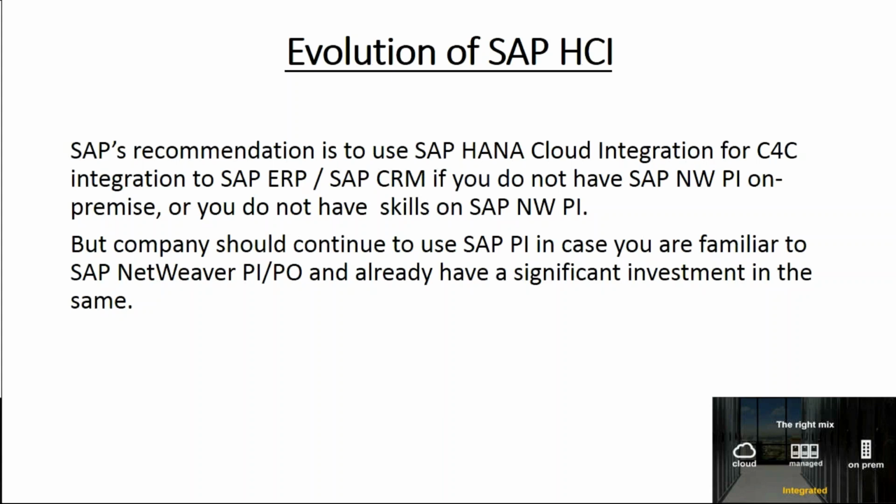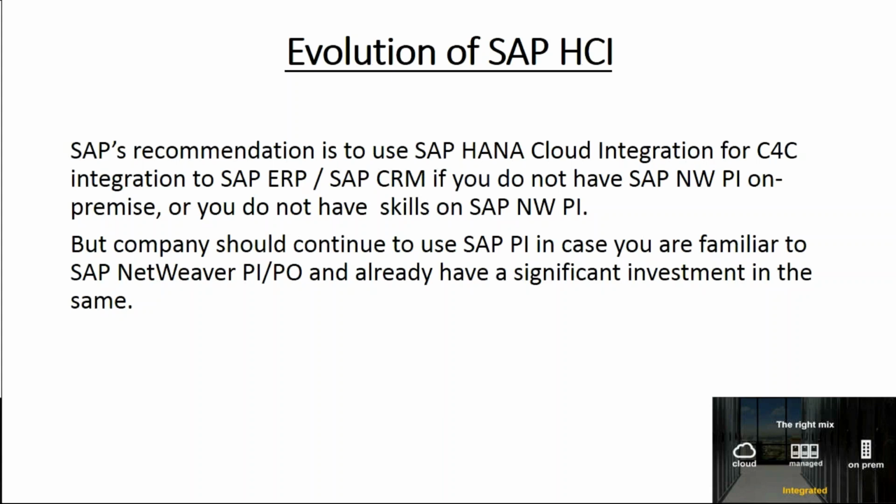It is still investing into it, and it is here to stay for the next 4-5 years more. Okay. It also says if you have a very vast or very big landscape, then the customer should go with the PI.